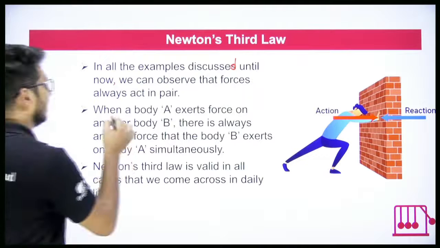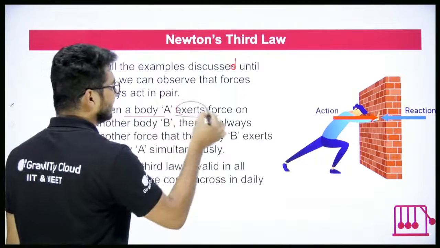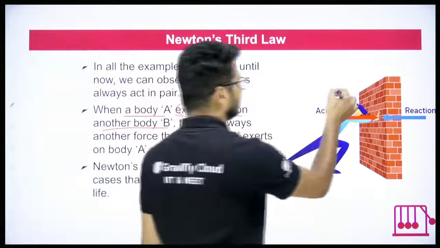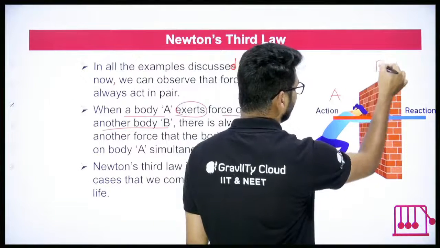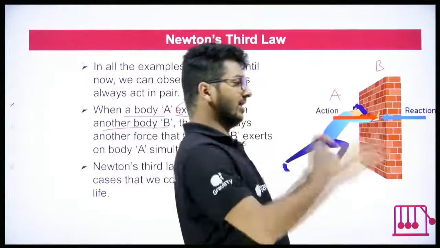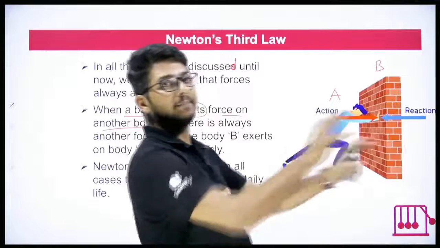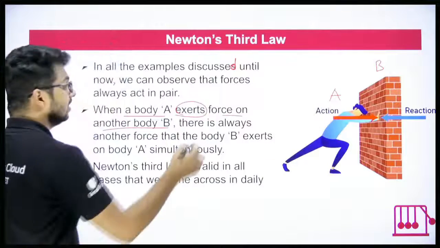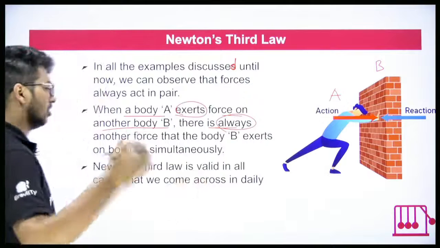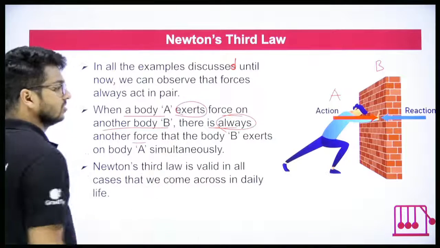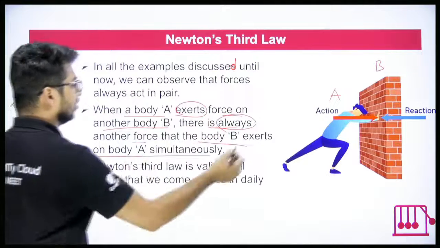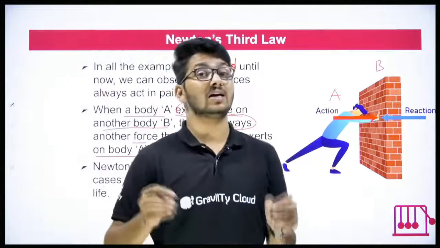So when a body A exerts or applies force on another body B, for example, let's say this person is A and the wall is B. So when A is pushing the wall B, when A is applying force on B, there is always, no exception, another force that the body B, the wall, exerts on body A simultaneously.